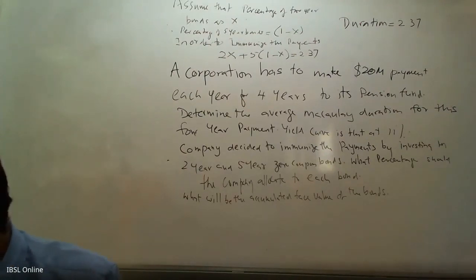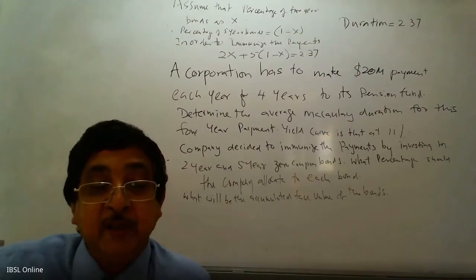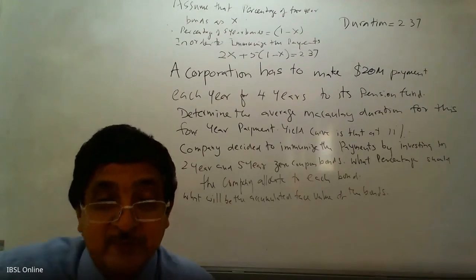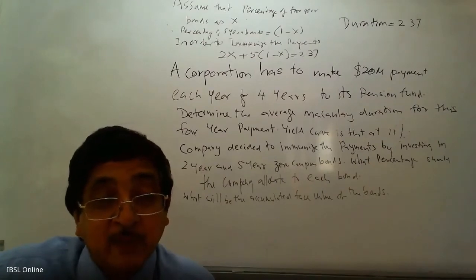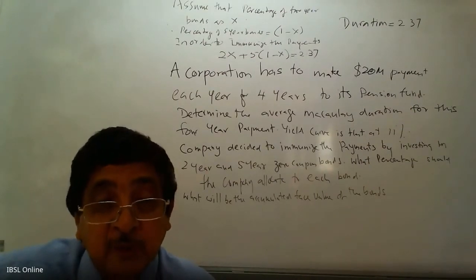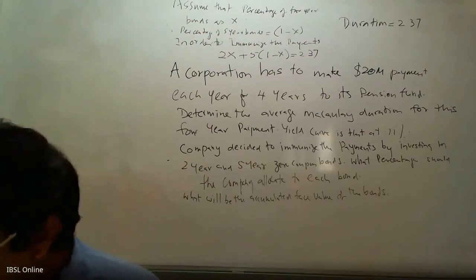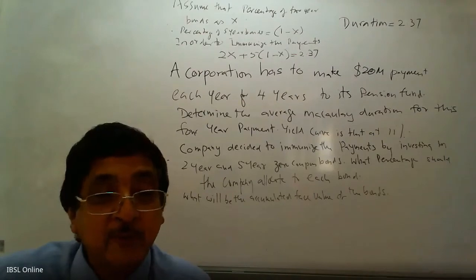That is 54.6. That is the market value of 2-year bonds. What is the market value of 5-year bonds? 62.04 into 0.12. That comes to 7.44. Right? Those are the market values.